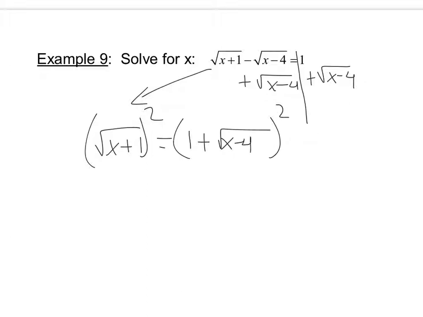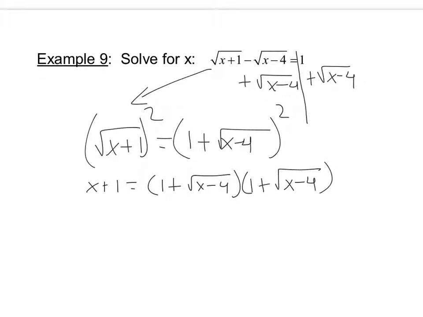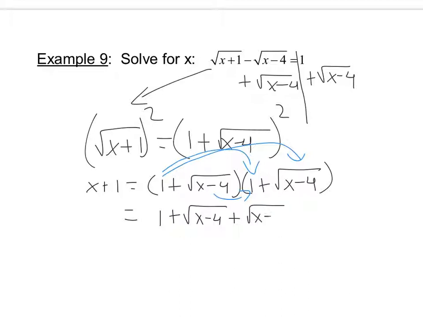So this side is going to be x plus 1. This side, you want to think about it like this, remember? Whenever there's addition or subtraction in between the terms, copy it down twice. And then what you're going to want to do is distribute. So that equals 1 plus the square root of x minus 4 plus the square root of x minus 4.